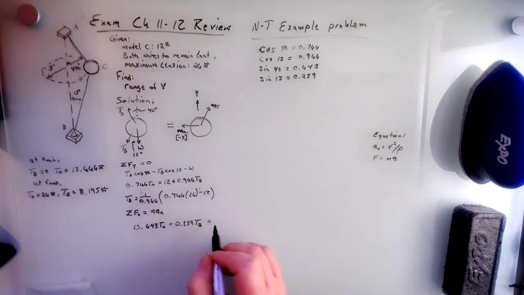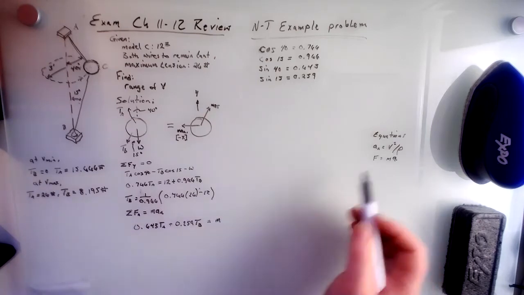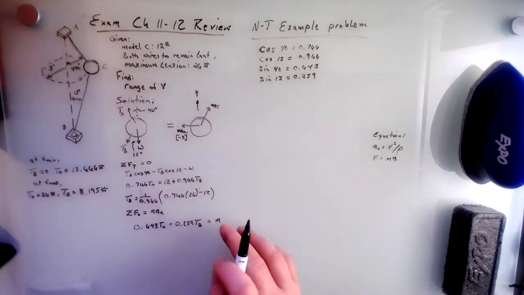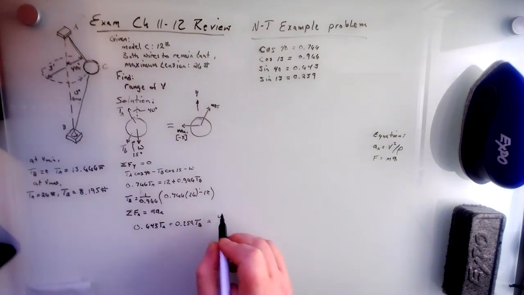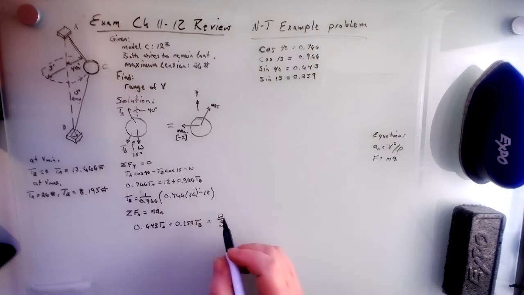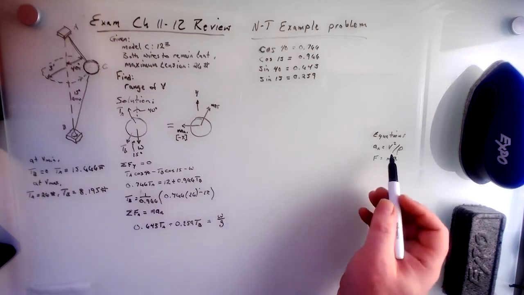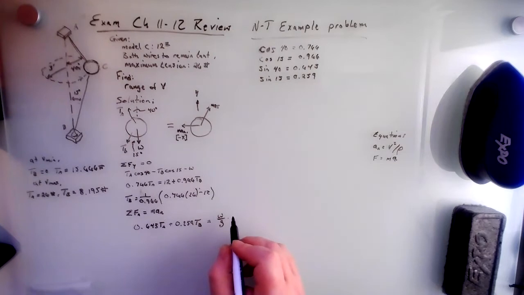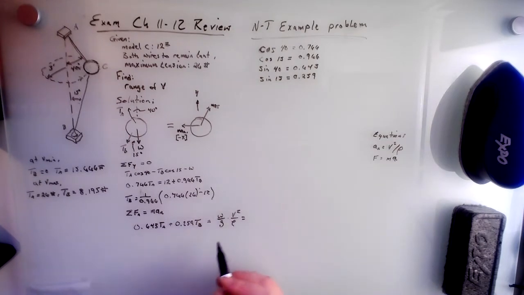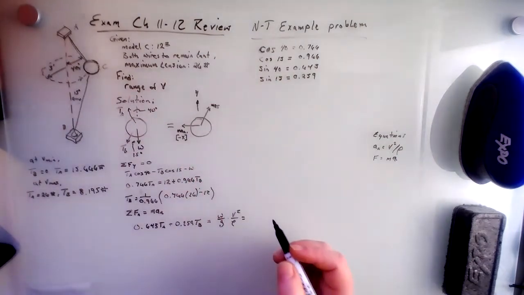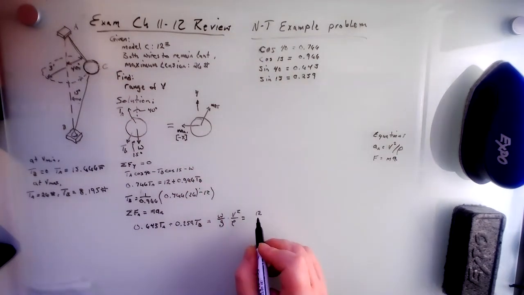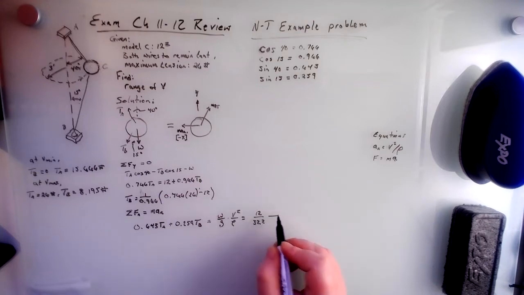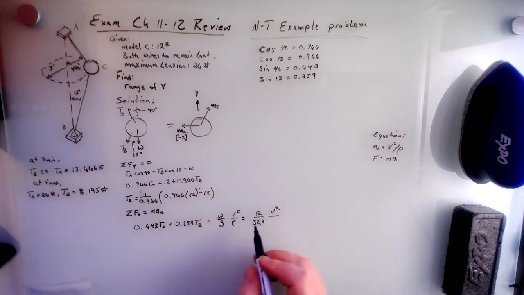That is equal to the mass times V squared over rho. We're given the weight, so the mass is the weight over gravity. W is 12, over 32.2, times V squared, which we're solving for.